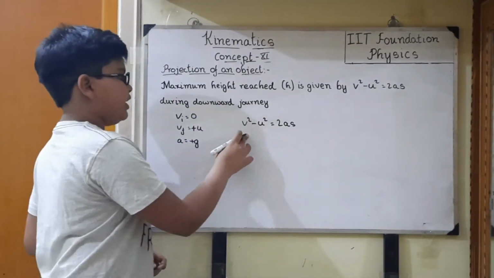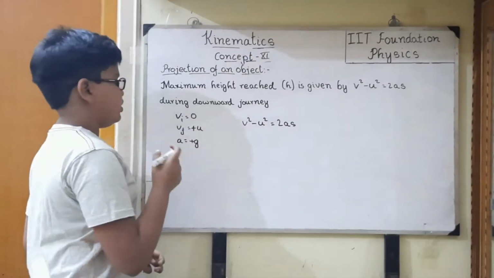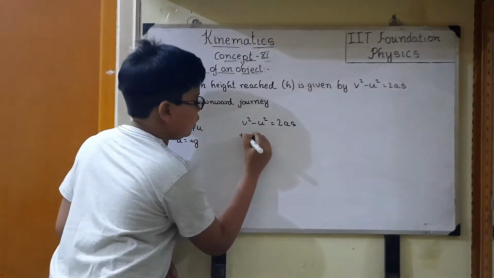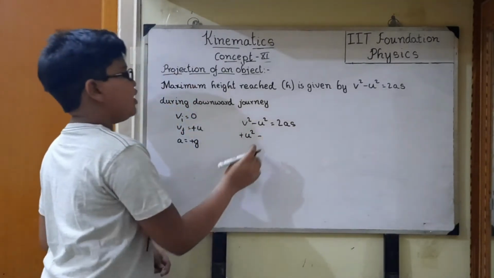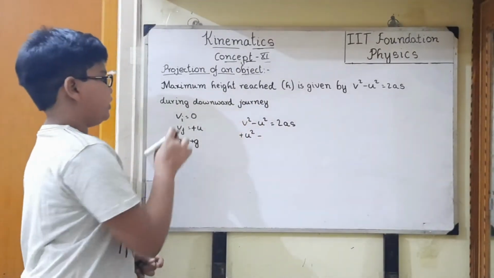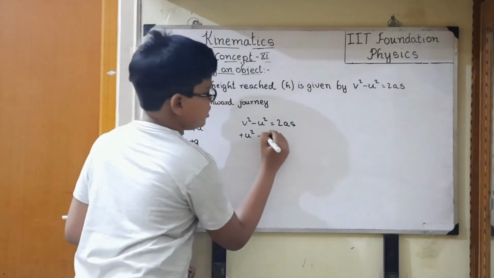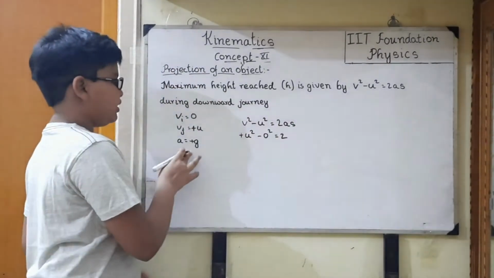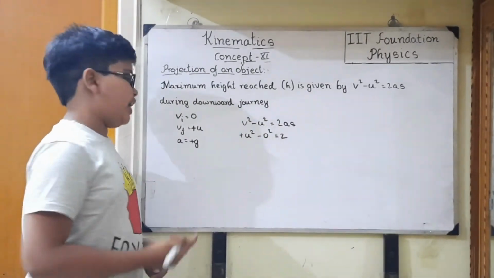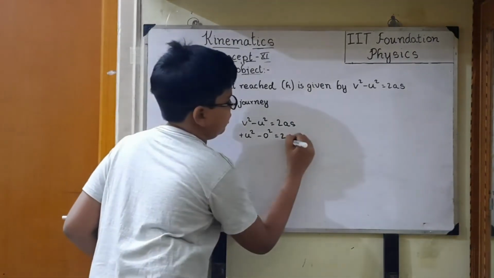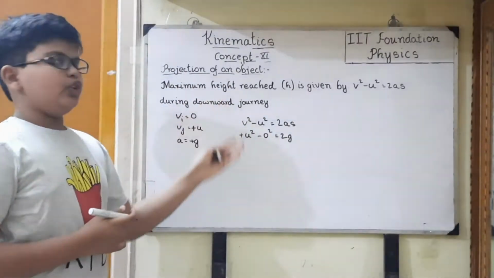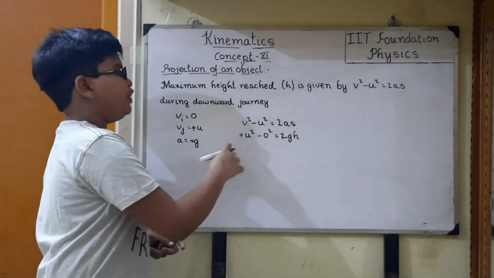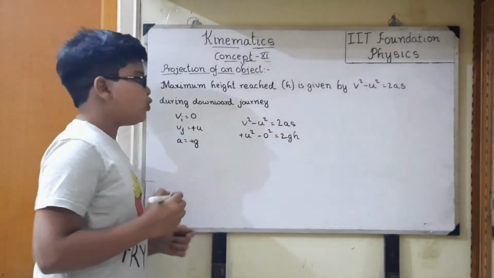Final velocity is plus u, so u square minus initial velocity, which is 0, so 0 square, is equal to 2 times acceleration, which is acceleration due to gravity g, and s is the total displacement, which is h. So we have got an equation u square minus 0 square is equal to 2gh.